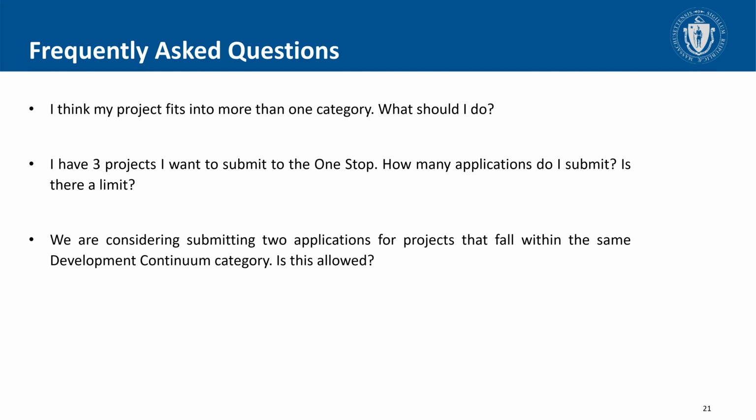The next question is, in the expression of interest, if you complete a substantial amount of the actual grant application, does the information automatically transfer? I think, unfortunately, no, the forms are completely different this year. So let me take a step back. In past years, the Form 1 applicant information was the same in the EOI and the full application.